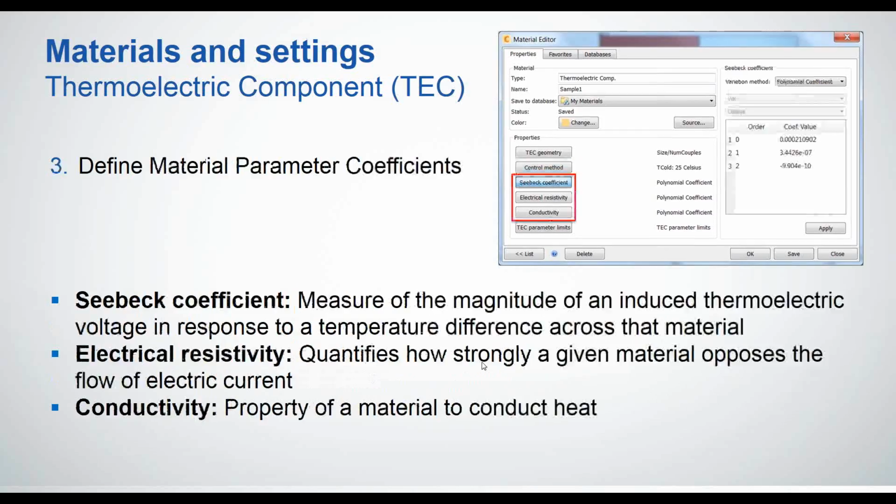And the other sections are defining the material parameter coefficients, which are the Seebeck coefficient, the electrical resistivity, and the conductivity. Actually, these values are temperature dependent and are defined with polynomials.